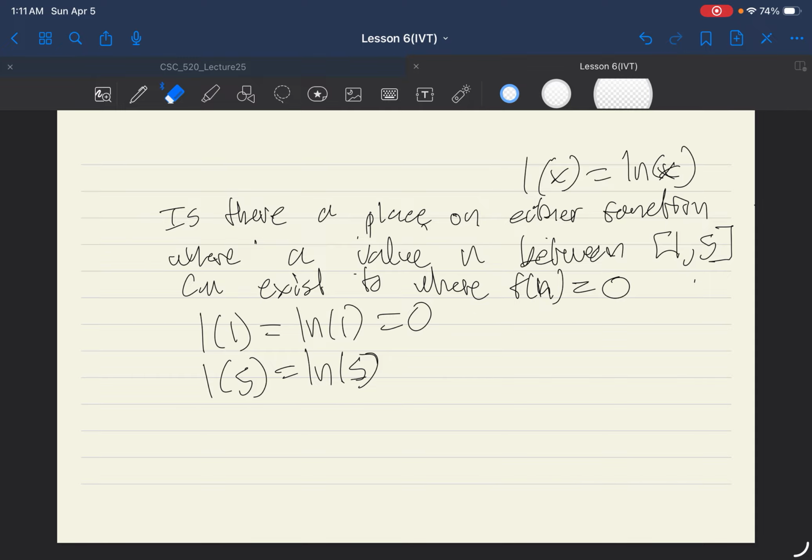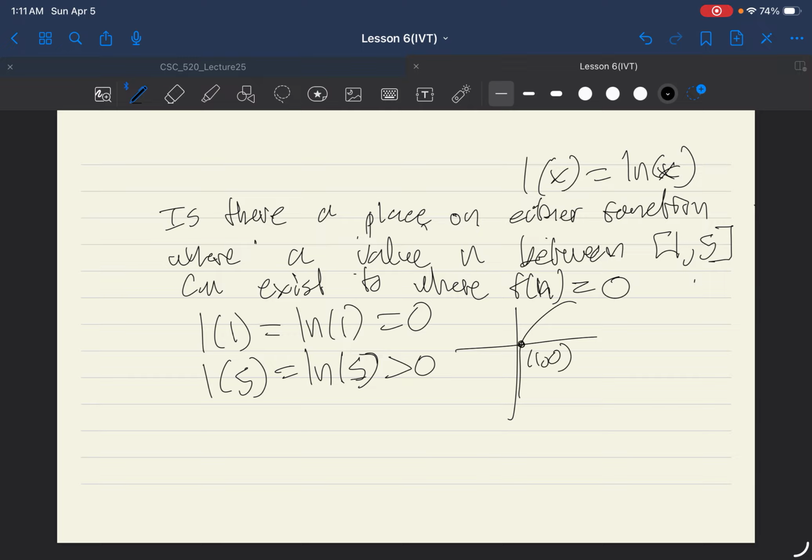We don't need to change this at all, because we know that ln of 5 is greater than 0, because this is what the natural log function looks like. If this is 1, 0, then obviously it'll be an increase from that.